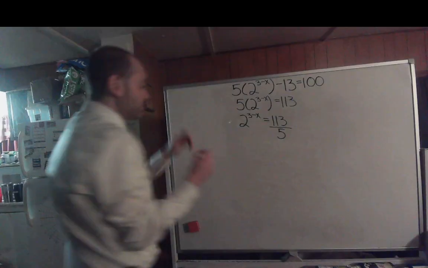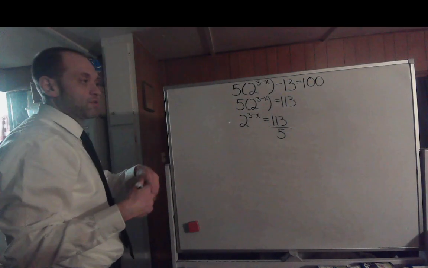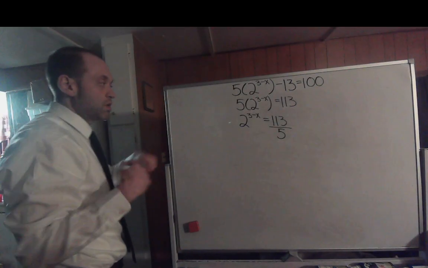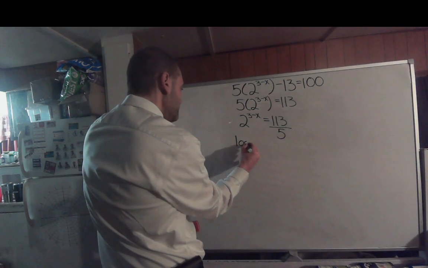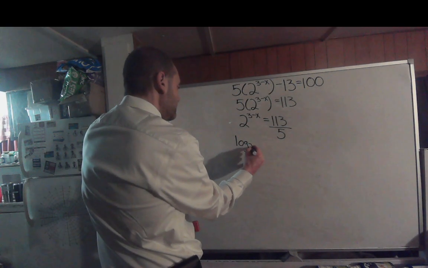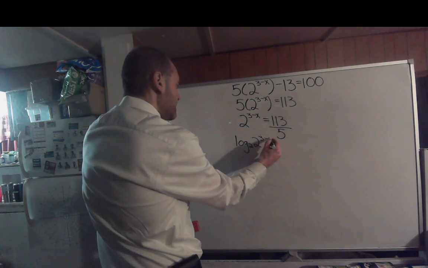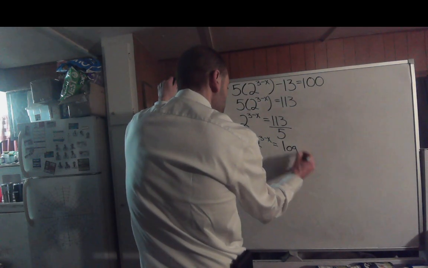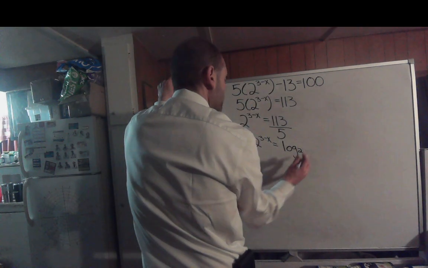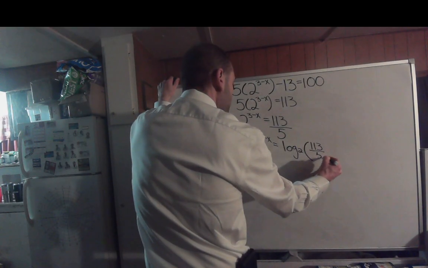And I can tell you right now, 2 doesn't go into any of these numbers evenly whatsoever. There won't be any factors that are going to work. But nonetheless, take log base 2 of both sides. So you'll end up getting log base 2 of 2 to the 3 minus x. That's going to equal log base 2 of 113 over 5.